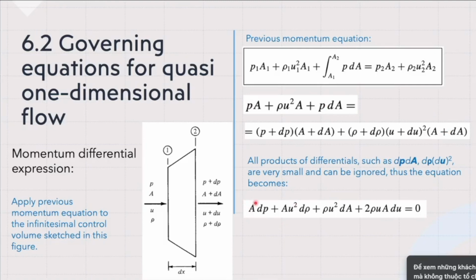Where we have the area times the small change in pressure, plus the area times velocity squared with the small change in the density, plus density times the velocity squared with a small change in the area, plus 2 times the density times velocity times the area with a small change in the velocity, which is equal to 0.